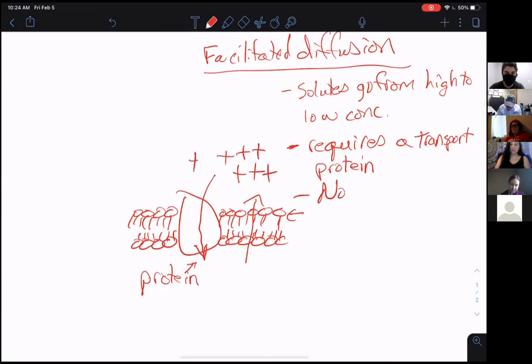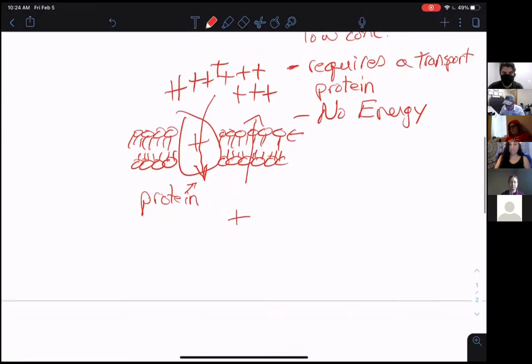These pluses are my solutes. High concentration, and they can pass through and go to an area of low concentration, okay? That's number 2. Not much different from regular diffusion, it just requires a doorway in order for that to happen.